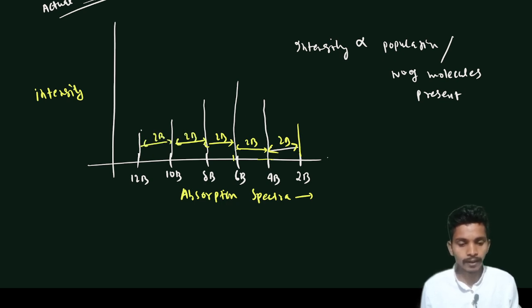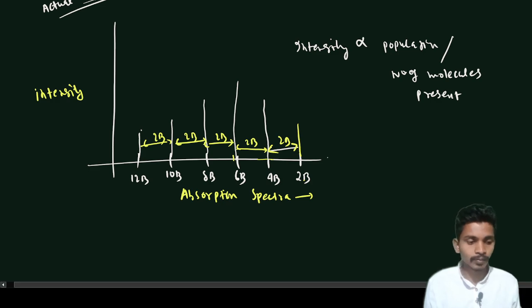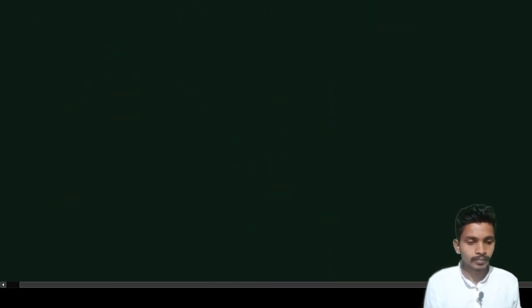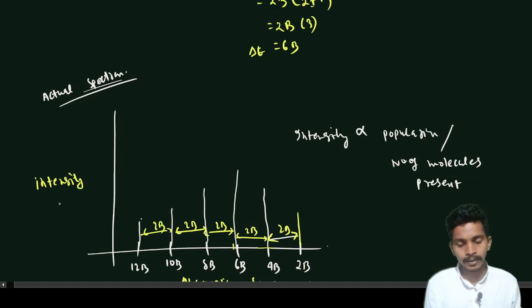So always the gap will be 2B in between the observed spectral lines, and these spectral lines also have equal separation, that is 2B, 2B, 2B. So this is actually the experimental data, the spectrum looks something like this.